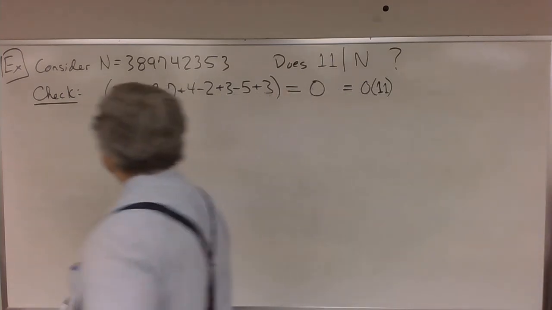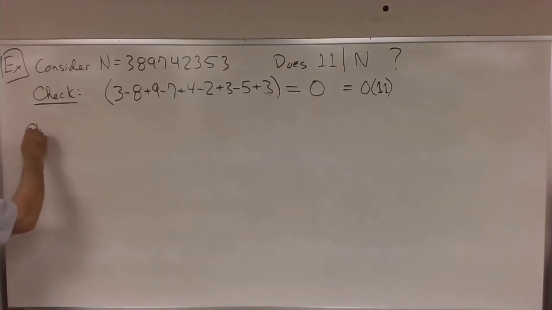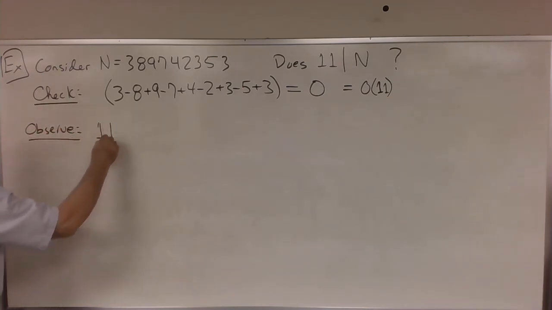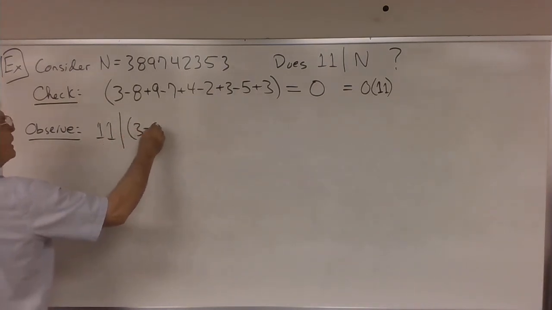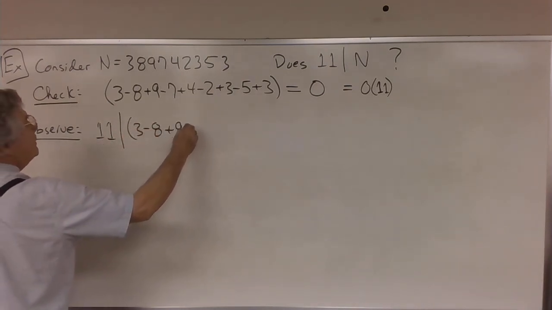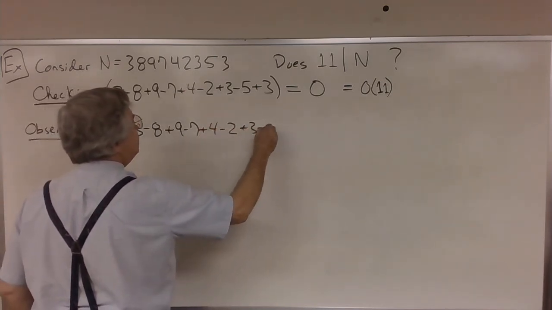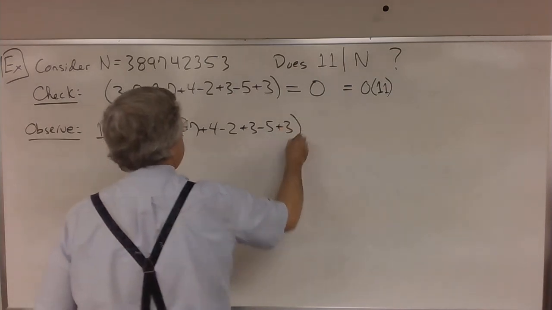So we'll make this observation. 11 divides this sum, 3 minus 8, plus 9 minus 7, plus 4 minus 2, plus 3 minus 5, plus 3.